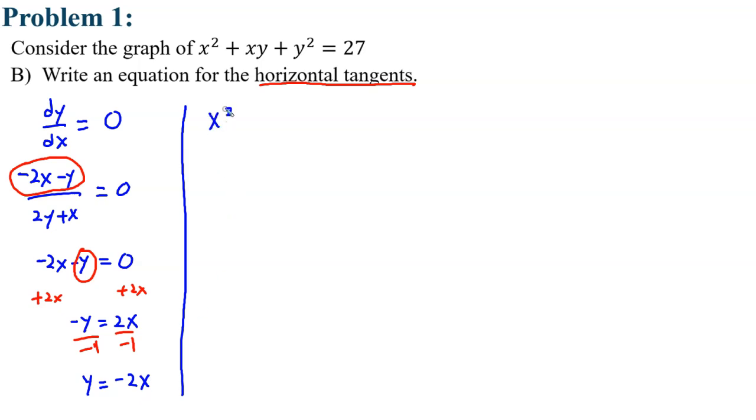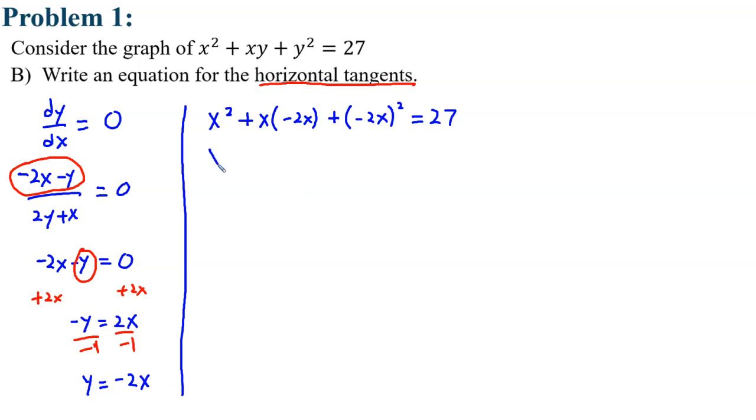So we'll have an x squared plus x times my y, which is negative 2x, plus y squared, which we can, again, replace with just a negative 2x here. It's starting to look a little ugly, but the idea is now I have an equation with just x's in it, so I should be able to solve that for x and get x equals a number, and then substitute it back in here to get the y.